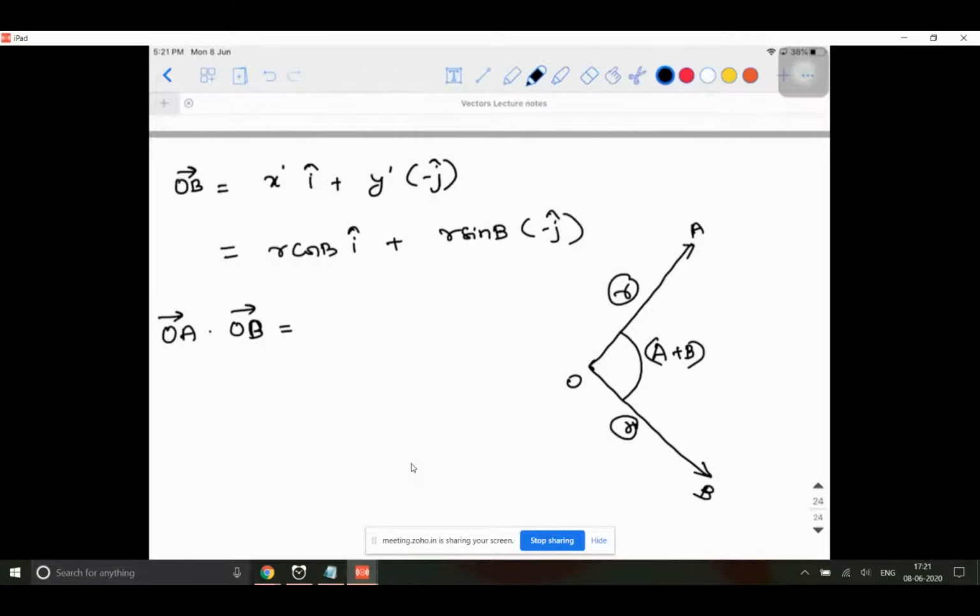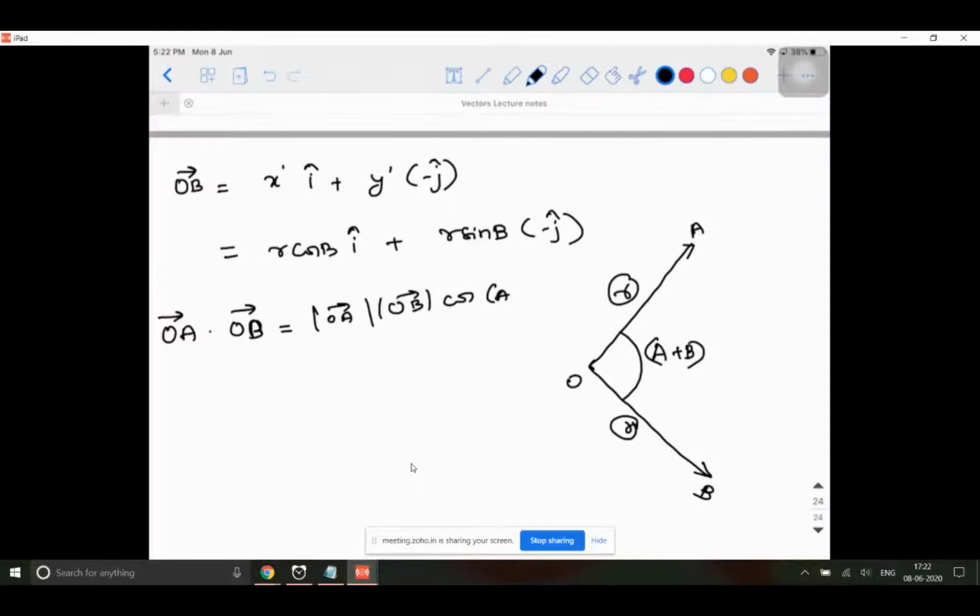Modulus of A vector into modulus of B vector into cos theta. That's right. So magnitude of OA vector into magnitude of OB vector into cos of, what is the angle between both? A plus B. That is A plus B.